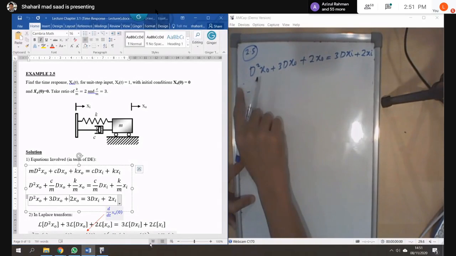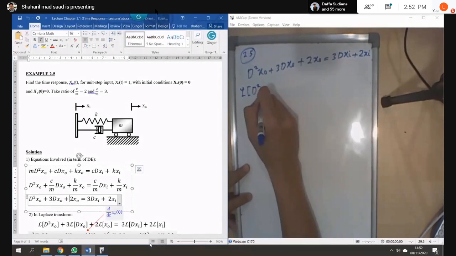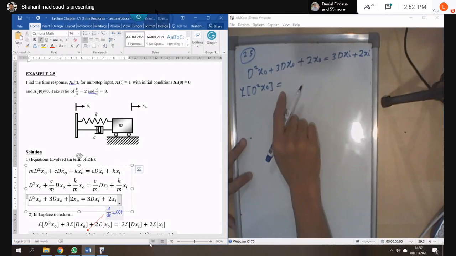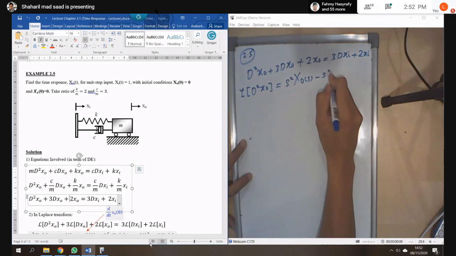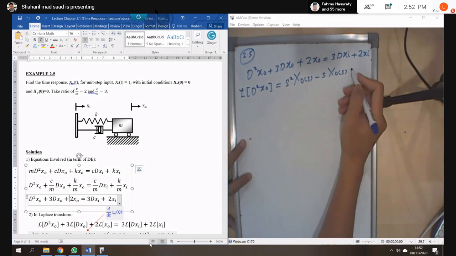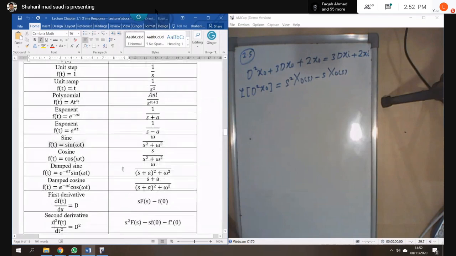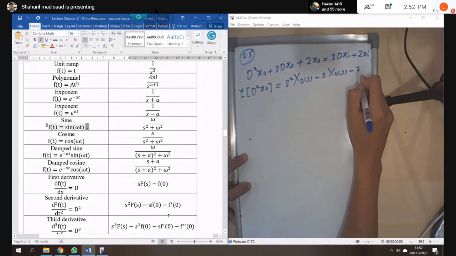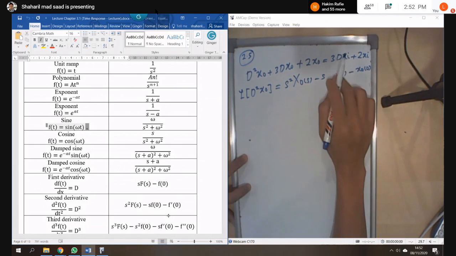you can make it like this. When you Laplace Dx naught, do it one by one. So s squared x naught of s minus s x naught at 0, minus the derivative of x naught at 0. Look again at the table.